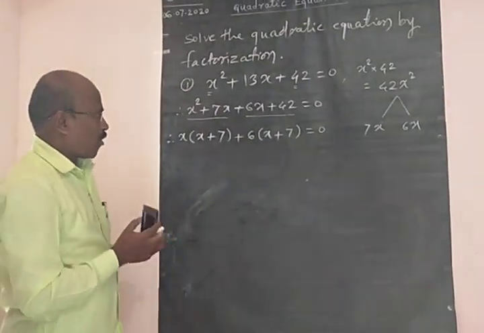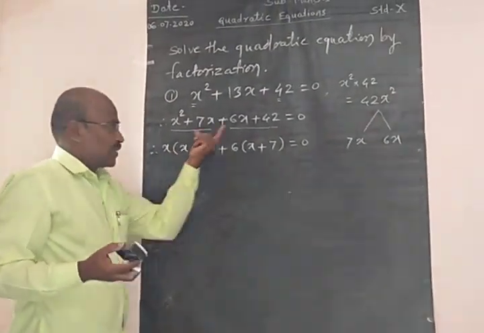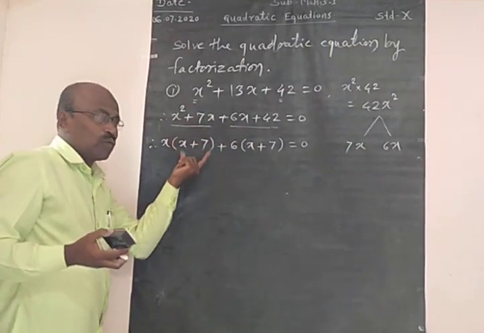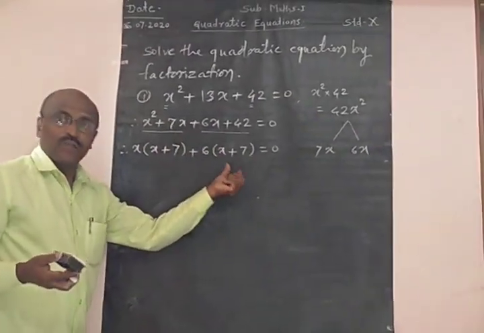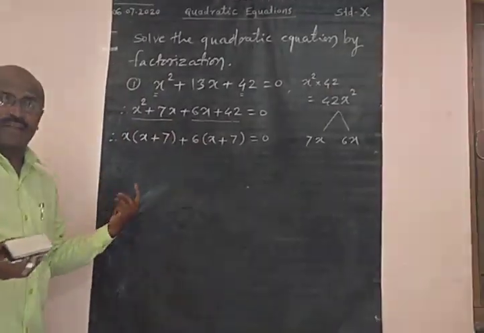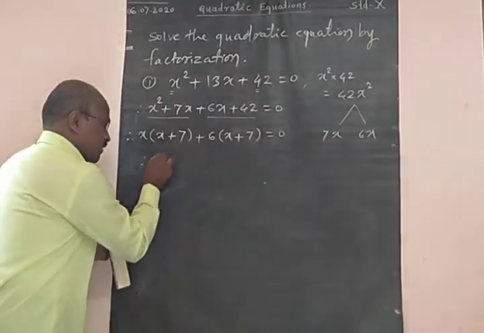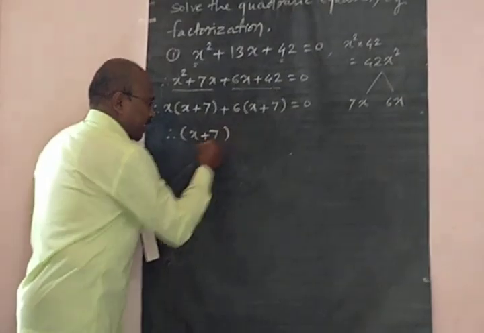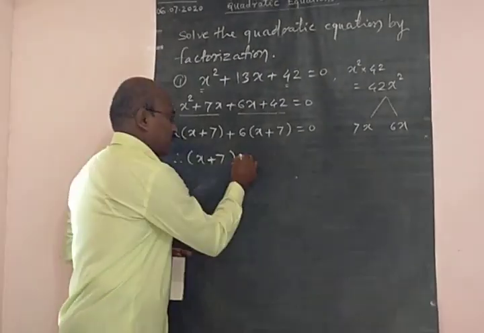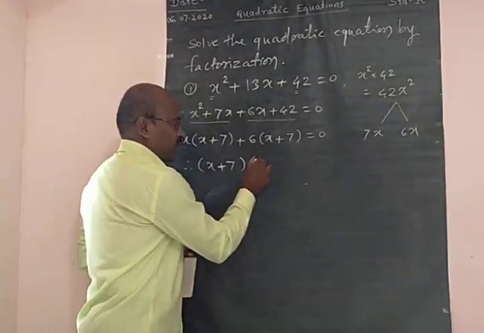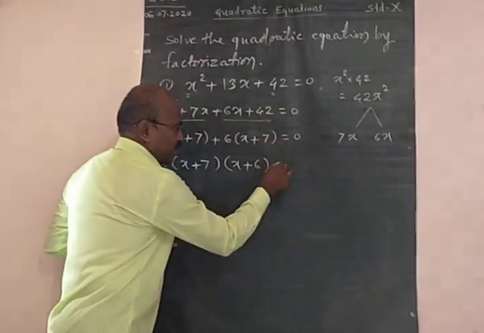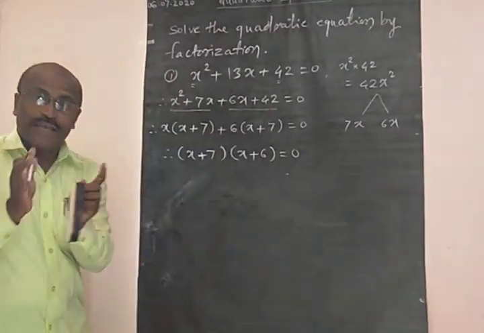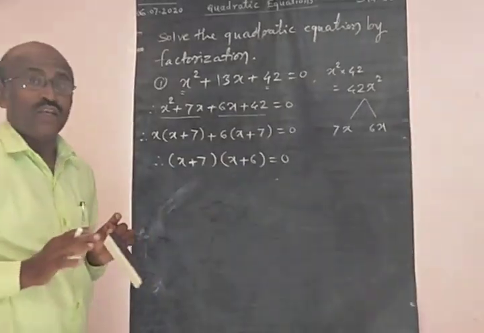Again we have got the same terms in the two brackets, that means x plus 7 and x plus 7. So again take the common factor x plus 7 into the first bracket. Into the second bracket we will get x plus 6, is equal to 0. Here we have the product of two numbers as 0.